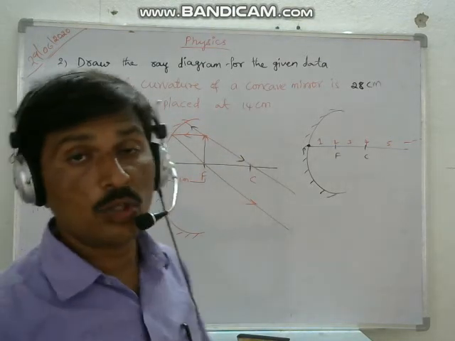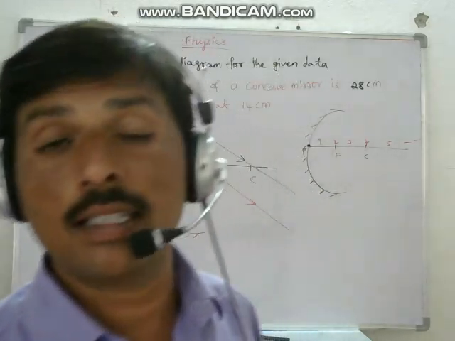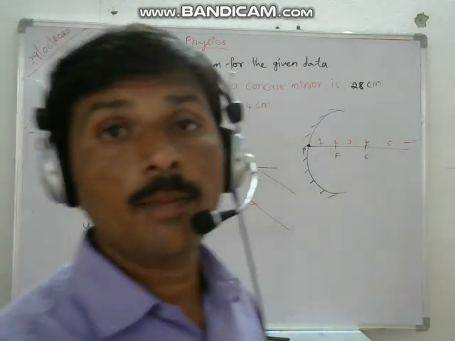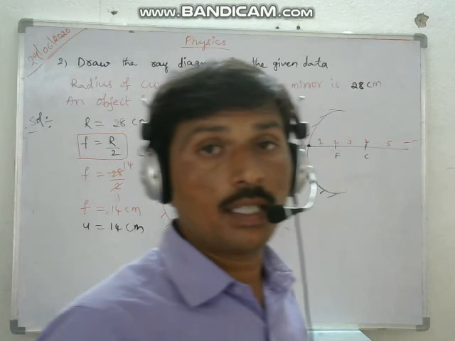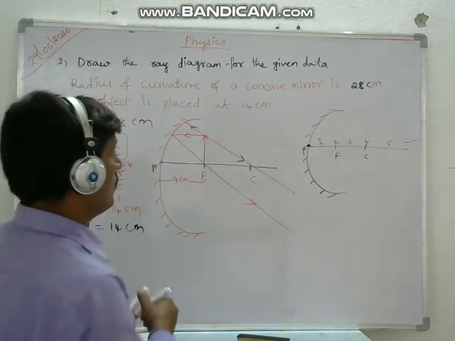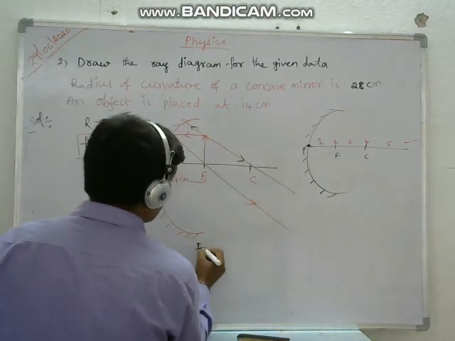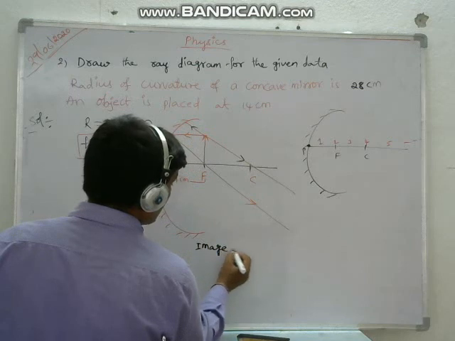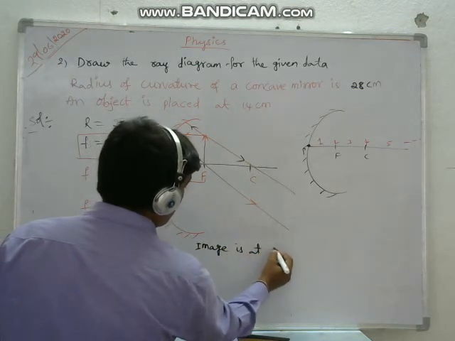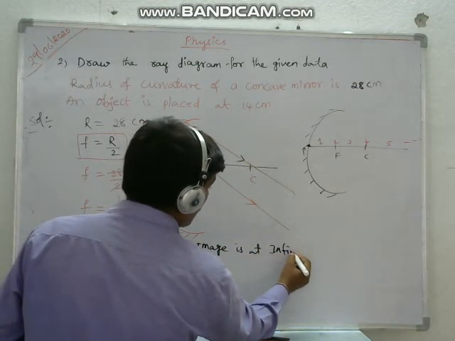So there is no intersection between the two reflected rays. That's why the image is formed at infinity distance. So we can say that the image is at infinity.